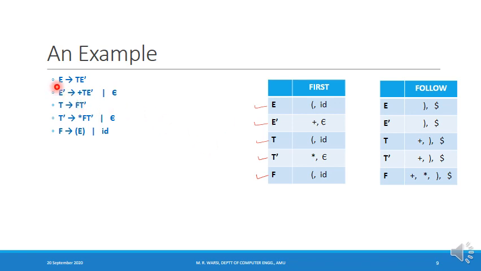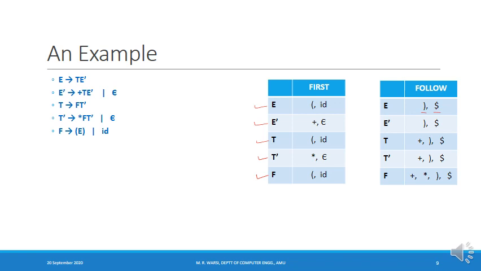Capital E is the starting symbol, so dollar will be placed in the follow of capital E. And when I look at this production, right parenthesis is following capital E, so right parenthesis will also be there in the follow of E. So follow of capital E is containing right parenthesis and dollar. So we have obtained this and we have obtained this.